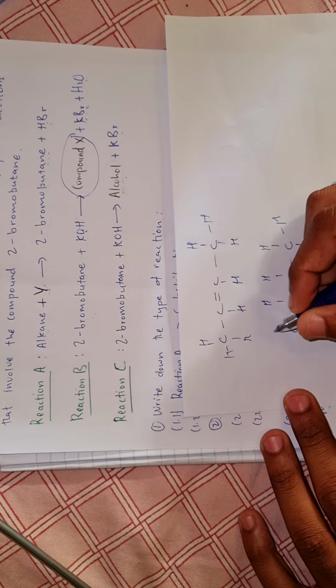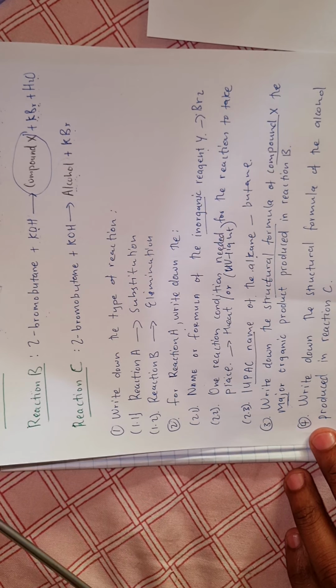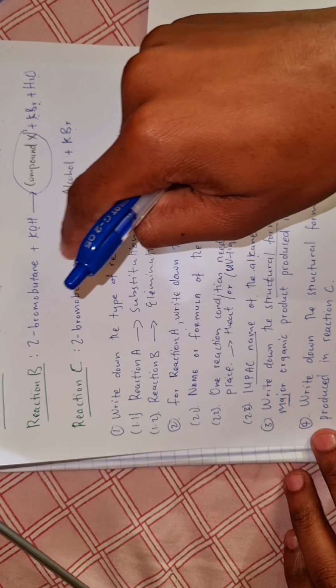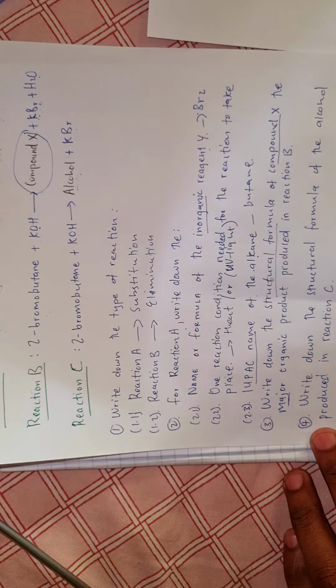Now let's move on to number 5. They say write down 2 reaction conditions that will favor reaction C over reaction B. Remember, I said they are almost the same, but there is something different about them. Now here are the 2 reaction conditions.